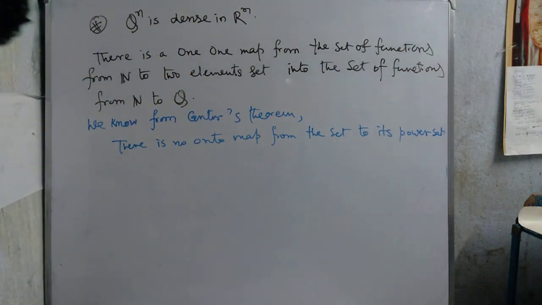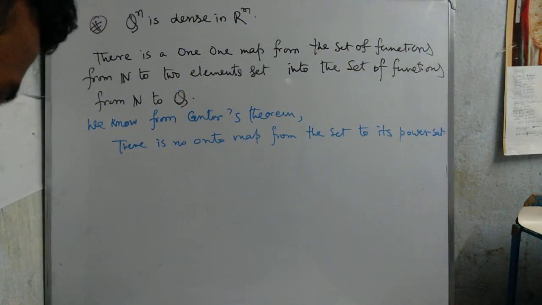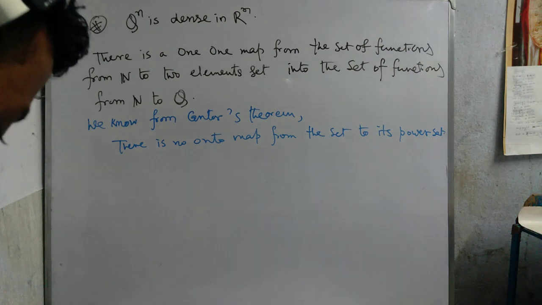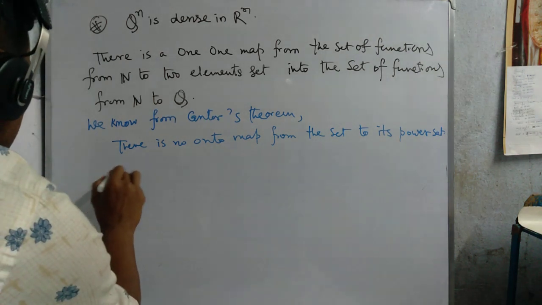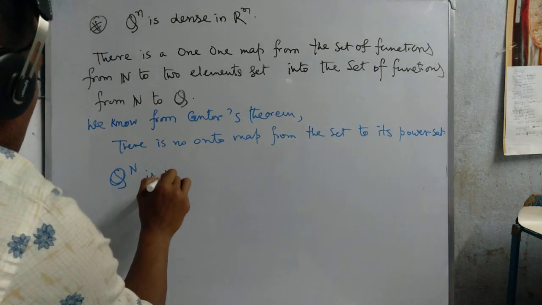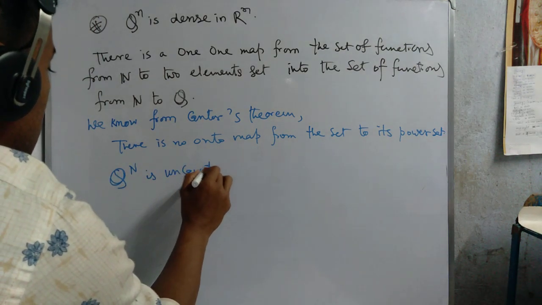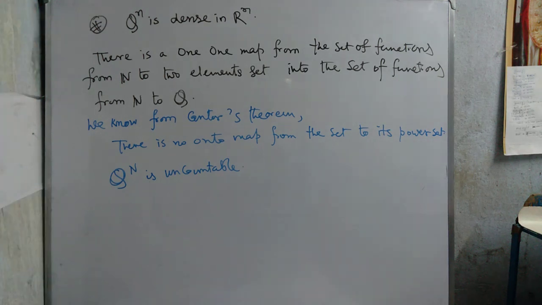Then obviously Q to the power n is uncountable.